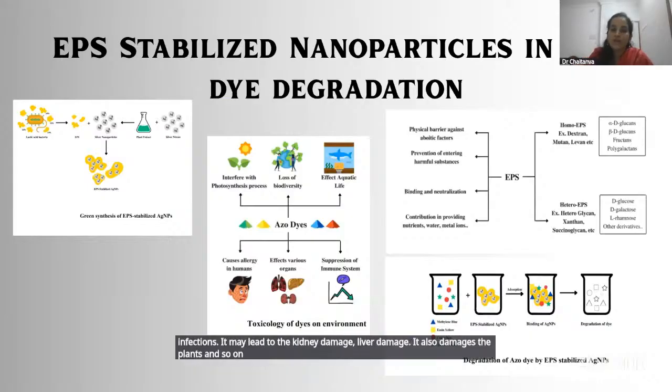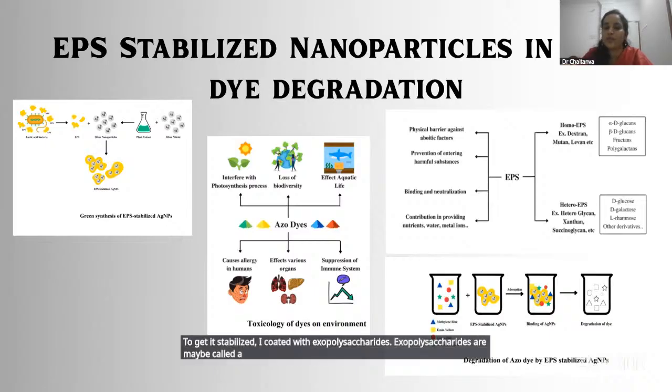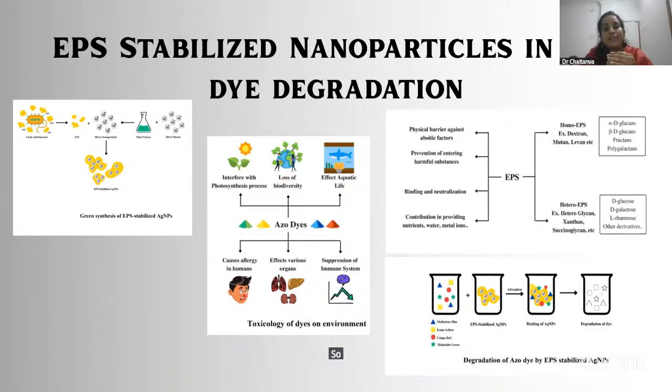So what we did, the nanoparticles which I synthesized from the waste material, to get them stabilized, I coated with exopolysaccharides. Exopolysaccharides are also produced by microorganisms. So I took that exopolysaccharide and these nanoparticles. I coated these nanoparticles in the exopolysaccharides so that they get stabilized, and these nanoparticles I added in the dye water, which is colored water.